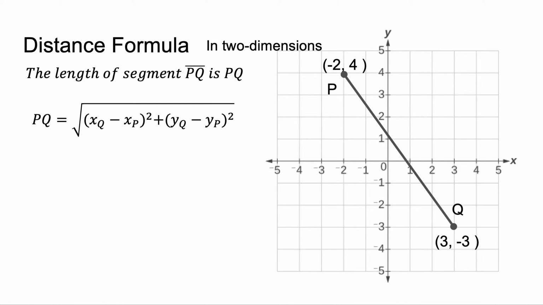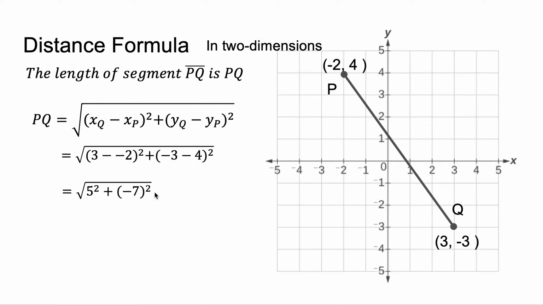Let's do another one. This one, okay. All we do, this is a negative slope, but there's no difference really. All you do is you put the x values in, you put the y values in. So 3 minus negative 2 will give you 5, and negative 3 minus negative 4 will give you negative 7.